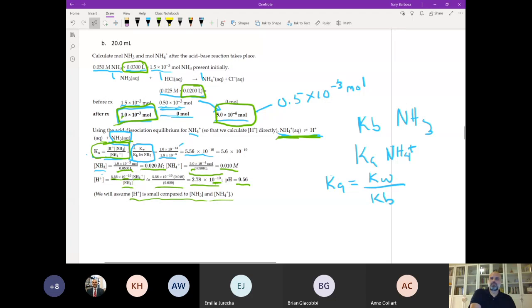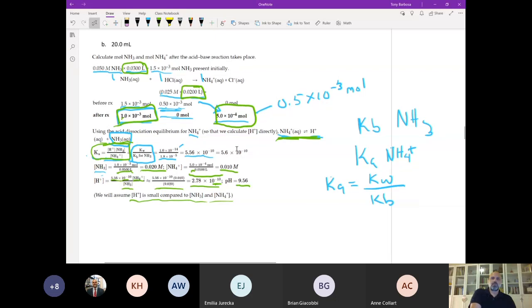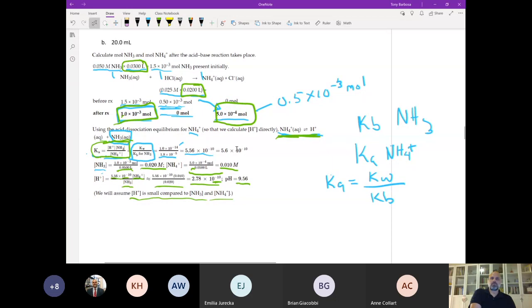That's the one difference here: now you have both ammonia and ammonium present. So we plug this into the Ka equation, because we're going to be measuring the number of protons that are being formed.